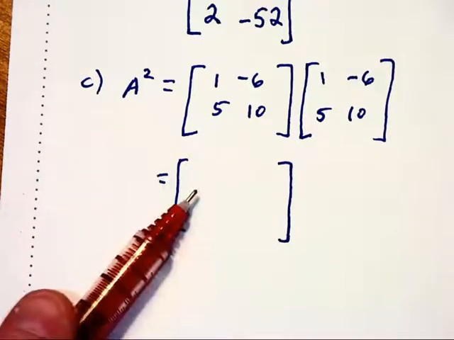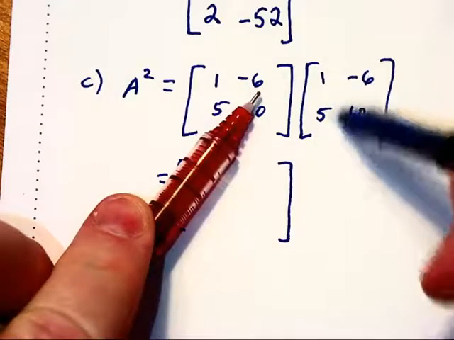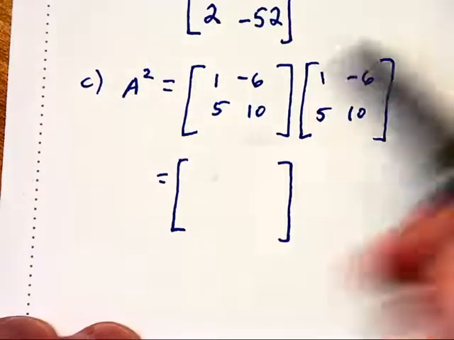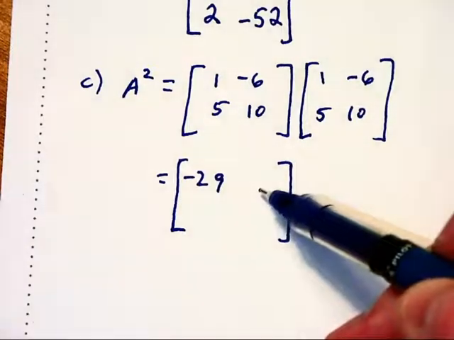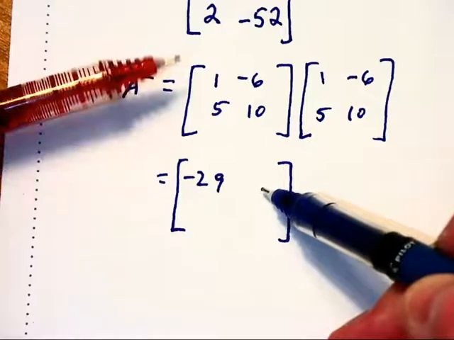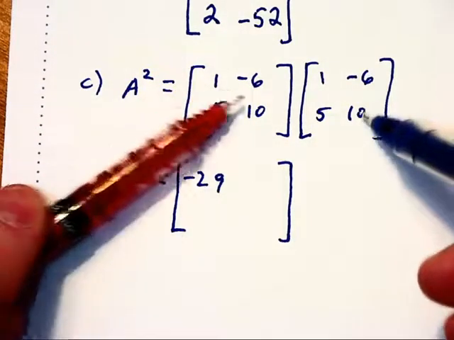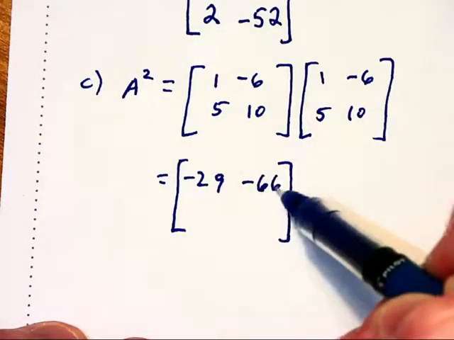Here we go. Row 1, column 1. That's the 1, negative 6 with the 1, 5. 1 and minus 30 make negative 29. Now I move on to row 1, column 2. 1, negative 6 with negative 6, 10. Negative 6 and negative 60 make negative 66.